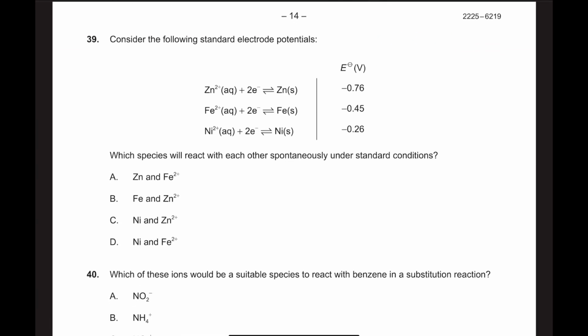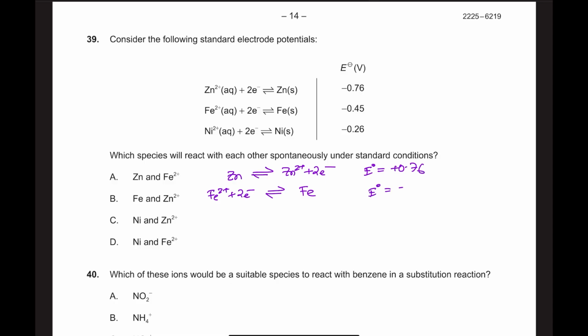Next, we shall consider the following electrode potentials, right? Which species will react spontaneously under standard conditions? So Zn and Fe2+. For Zn and Fe2+, I'll flip the first reaction. Zn gives you Zn2+ plus 2 electrons. Fe2+ plus 2 electrons gives you Fe. E naught value will be plus 0.76 as I have flipped it.